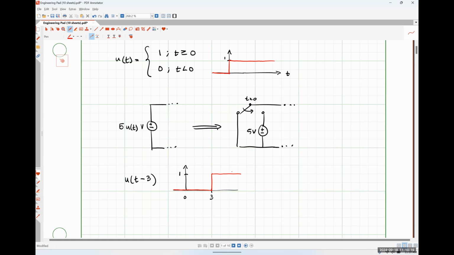If we flipped the order of these things such that we had u of 3 minus t, that is effectively the same thing as flipping this signal around this axis at t is equal to 3, so that we would have something that looks like this.